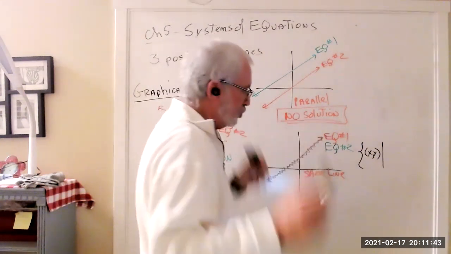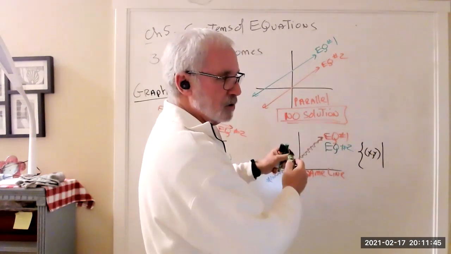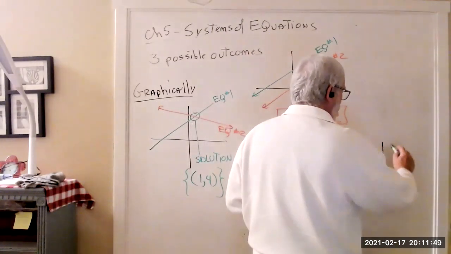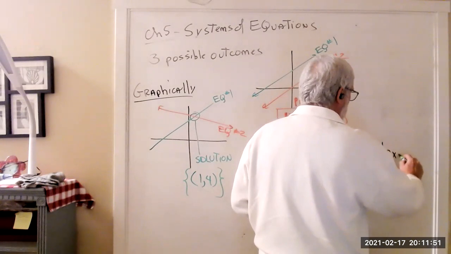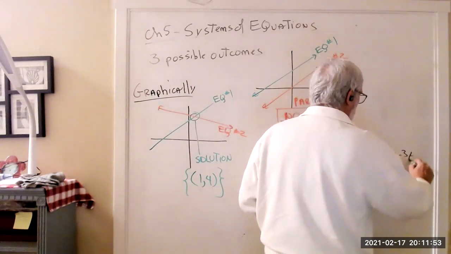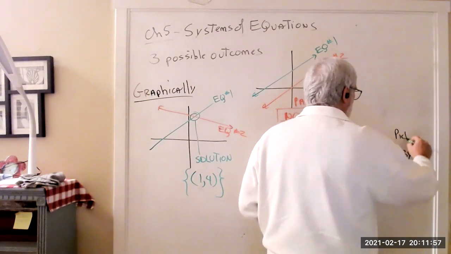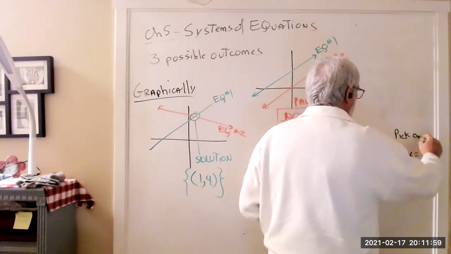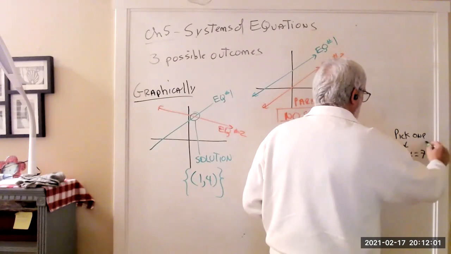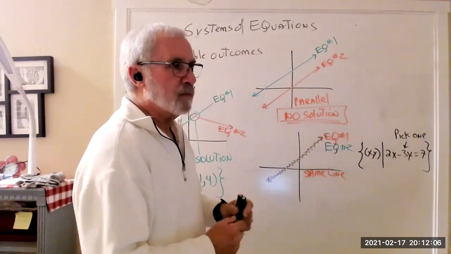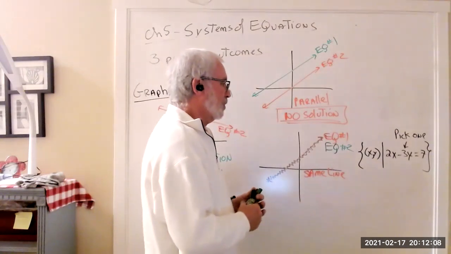I'm going to say, shut up and do this. Okay. And then you pick one equation. Okay. 2x minus 3y equals 7. You just pick one of the equations. Okay, it won't matter which one because they're the same. Okay.